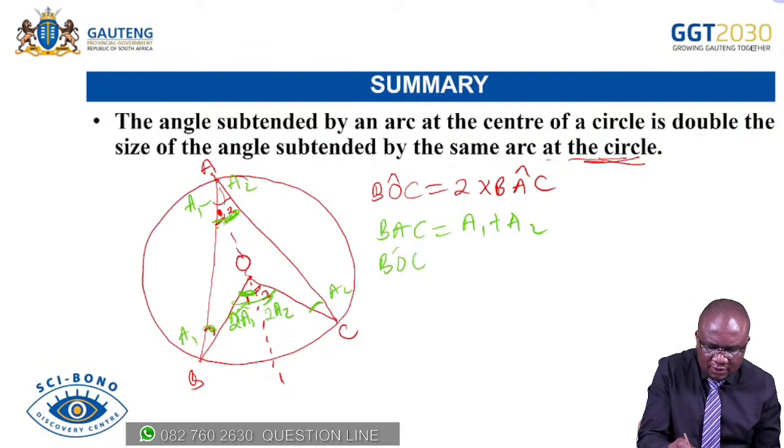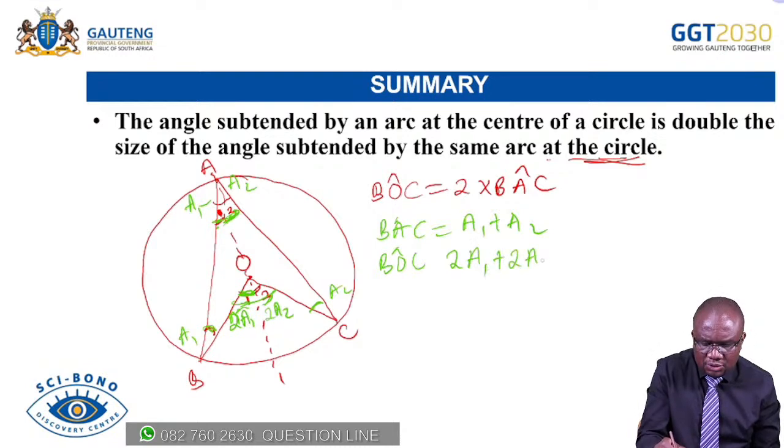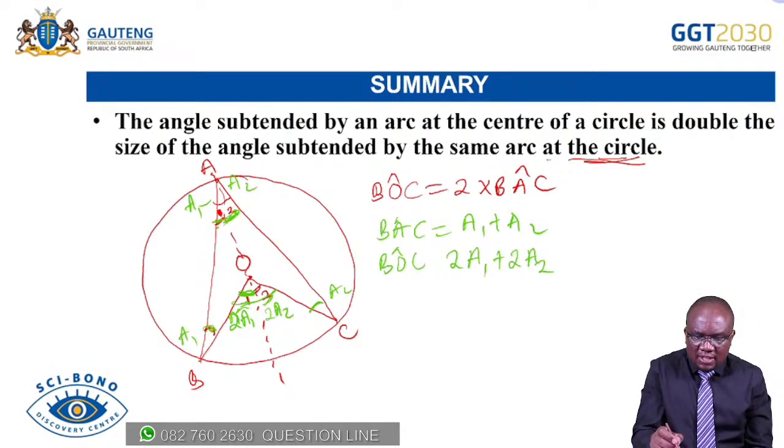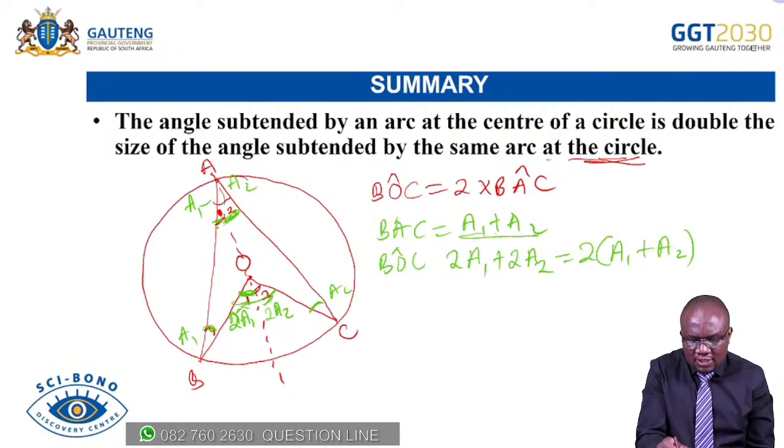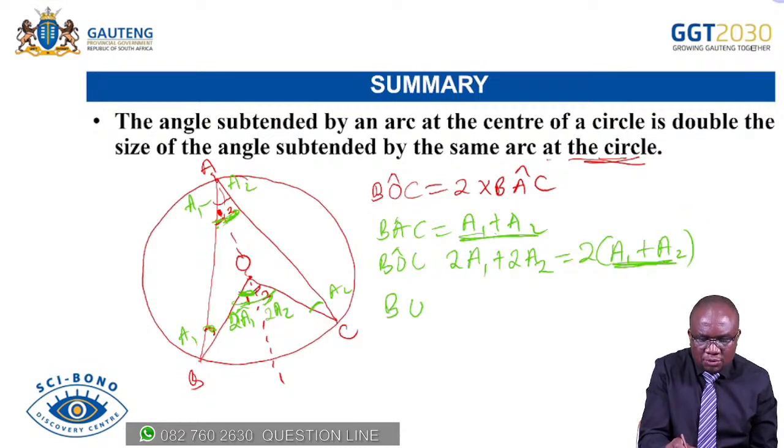BOC is equal to 2A1 plus 2A2. And then I can factorize this: 2 times (A1 plus A2). If you check, this is this. Now we can say that BOC is equal to 2 times BAC.